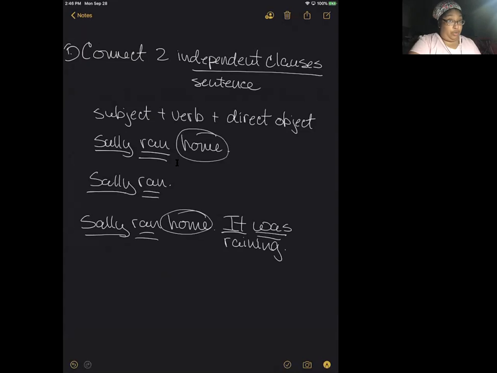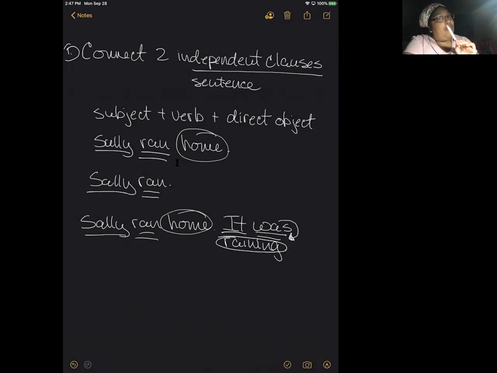Was is a verb, and what it was doing, raining. Was is one of those things called a helping verb. I don't know if you remember those. So this is two complete sentences. Now, should we use a semicolon here? Absolutely, because those sentences actually relate to each other.